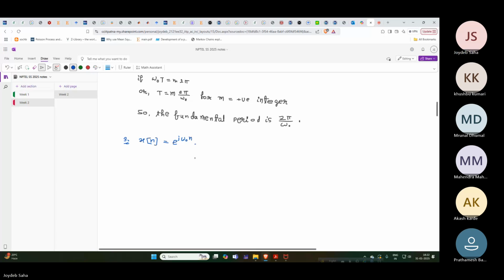Show that x[n] is periodic if omega 0 by 2 pi is rational.